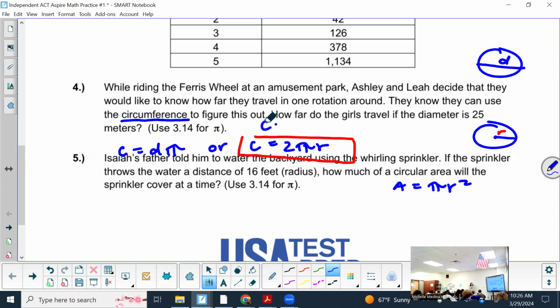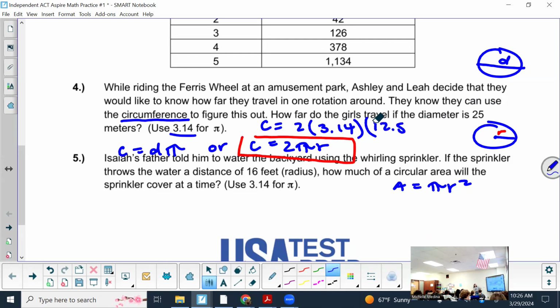All right, but anyway, plug in the numbers. They want you to use 3.14 for pi. If they say that, it's important you do that. Don't press the pi button because then the rounding will be off. So 2 times 3.14, and what's my radius if the diameter is 25? 12.5 is my radius.